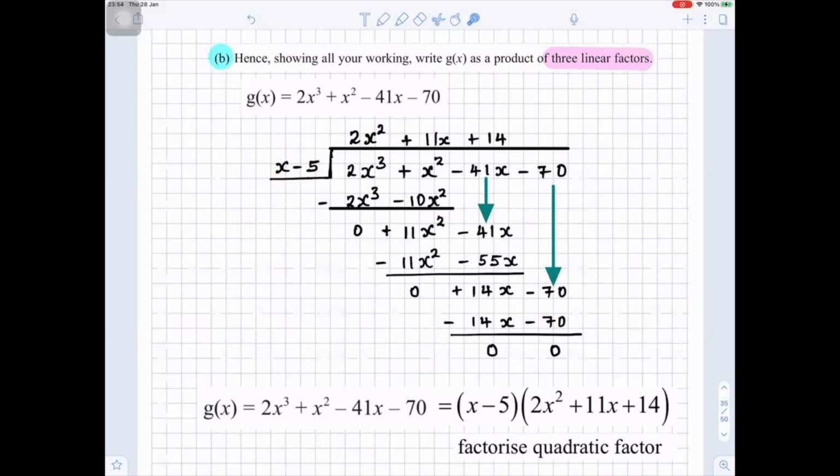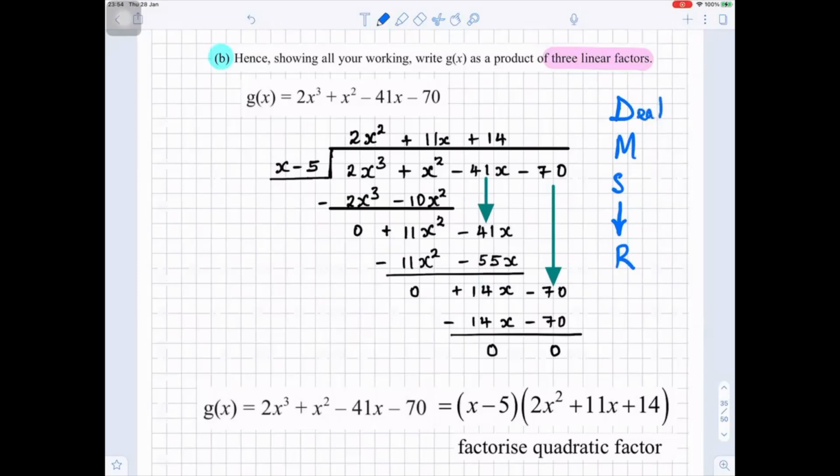So you lay it out and the function goes inside the box. So 2x cubed divided by x gives you 2x squared. This is the pattern. You divide, multiply, subtract, bring down, and you repeat.